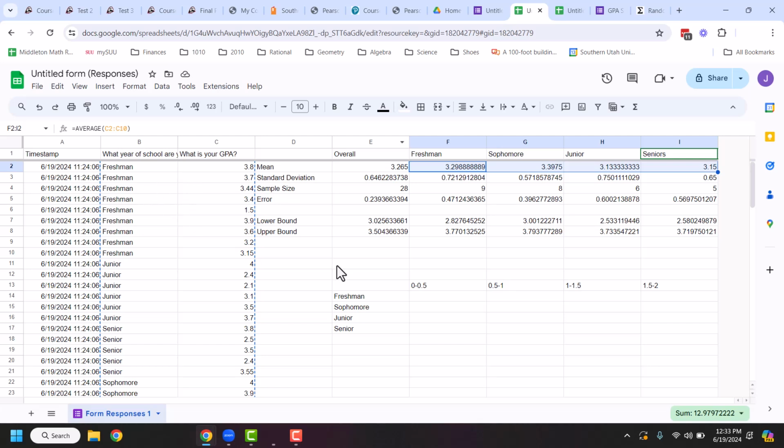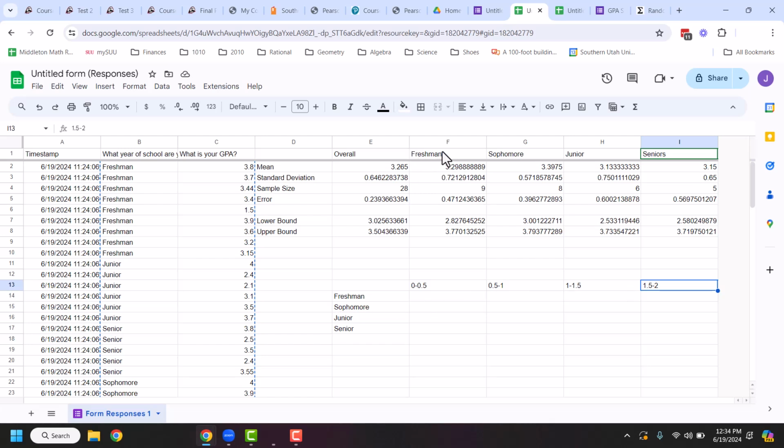So the two-way tables that I was showing you earlier, that one could work with two qualitative variables like being on campus or off campus compared to your year in school. That would work with a two-way table. And even if you have numerical data, you have to kind of split it up into categories anyway.